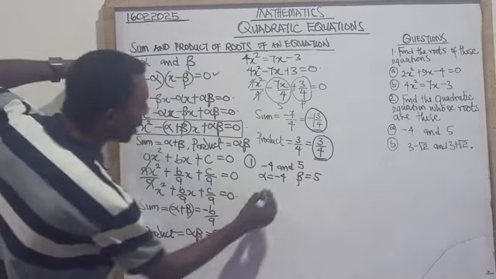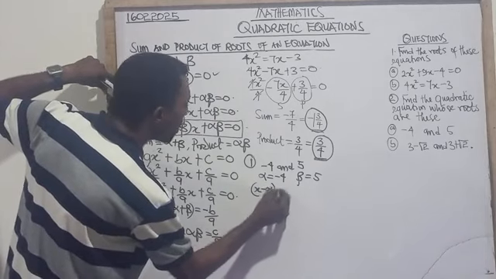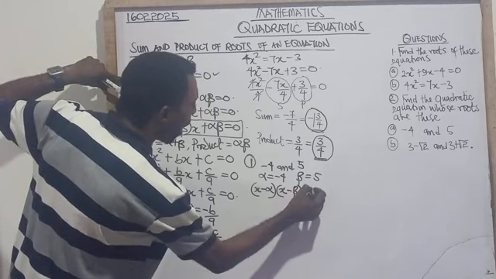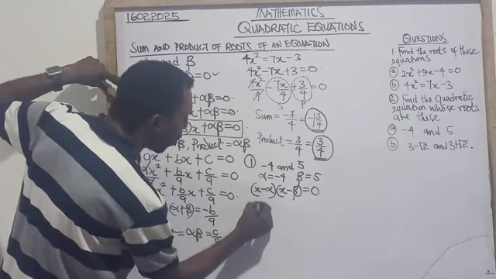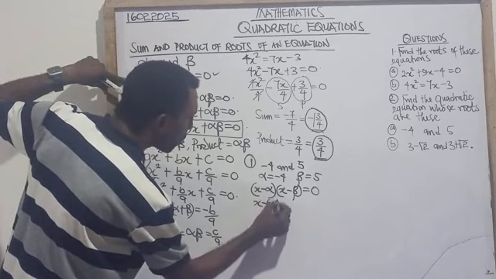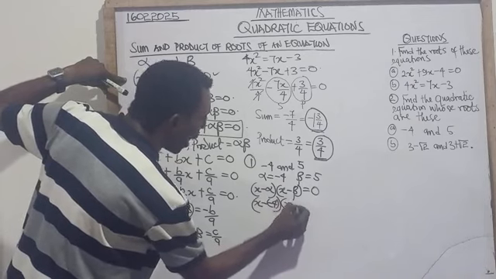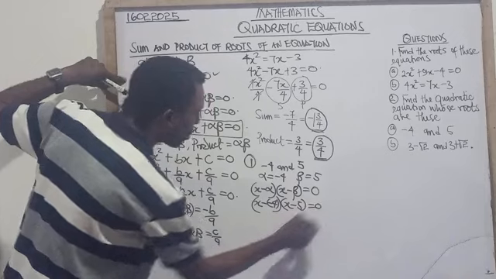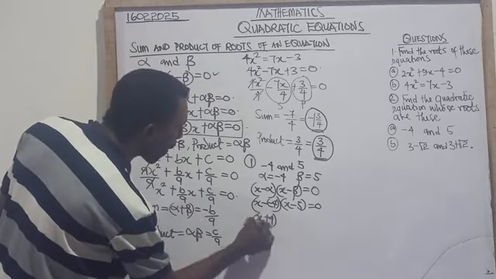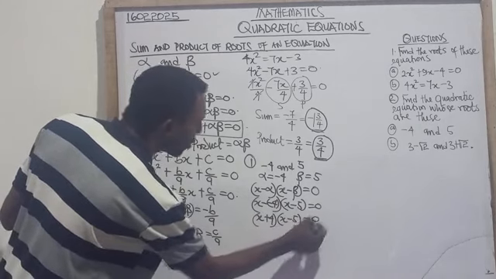So we put it back into this. We have x minus alpha, we open another one, x minus beta, equal to 0. That will be x plus 4 into x minus 5 equals 0.